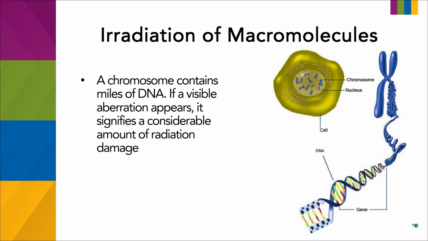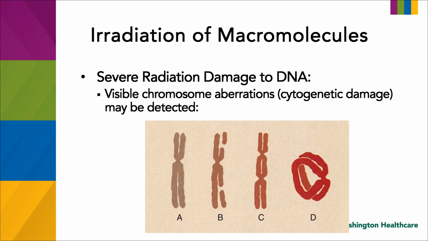A chromosome contains miles of DNA, so if a visible aberration appears, it signifies a considerable amount of radiation damage to the DNA itself. Severe radiation damage to DNA can be detected under a microscope.